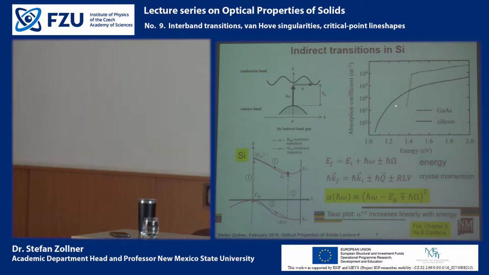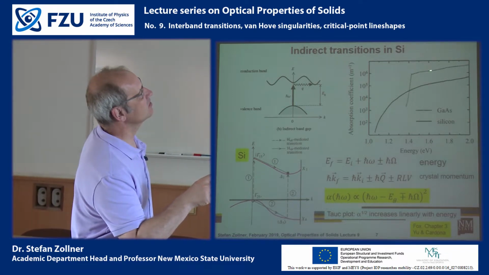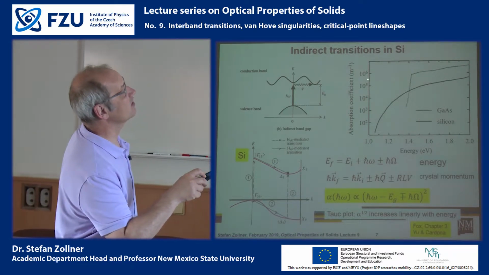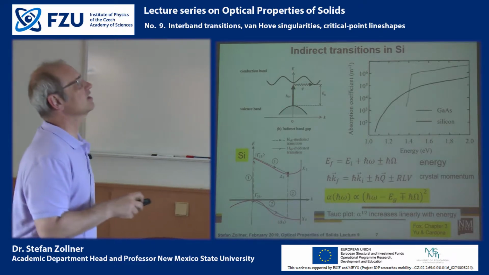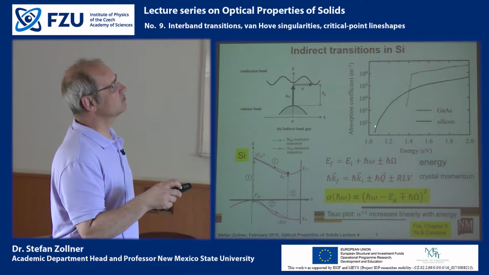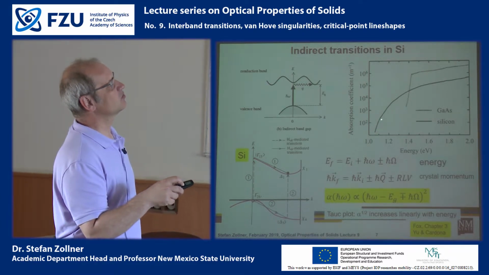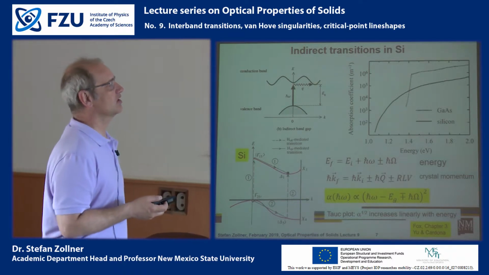The dotted line here is gallium arsenide, and the absorption coefficient is about 10 to the 4th inverse centimeters. Whereas for silicon, where we only have the indirect processes, absorption coefficients are much smaller.